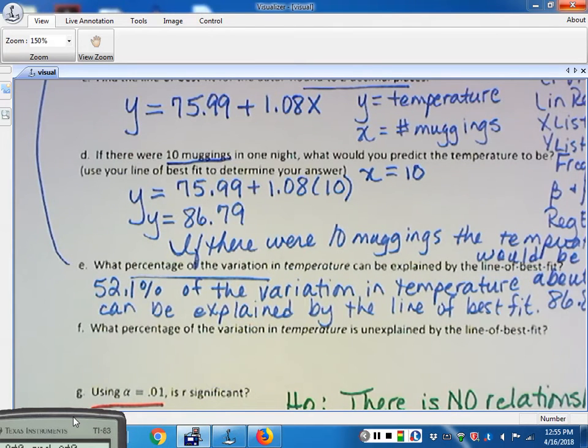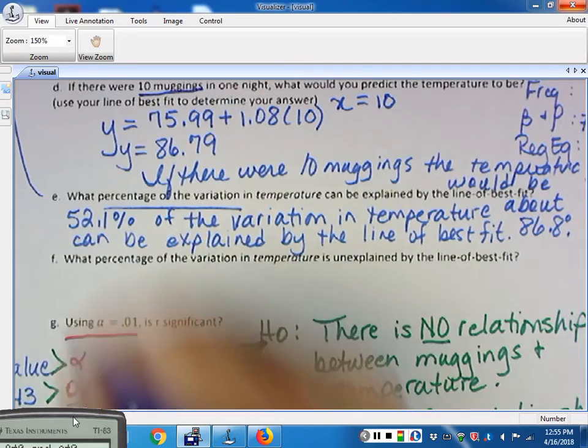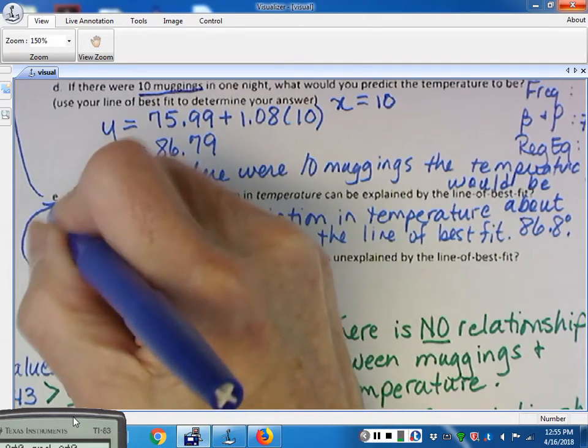So the answer to E is connected to B. The answer to F is connected to E.